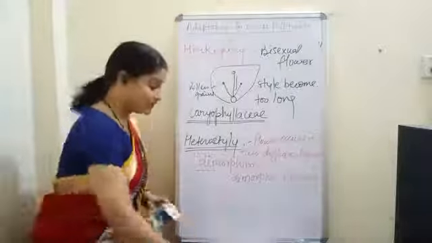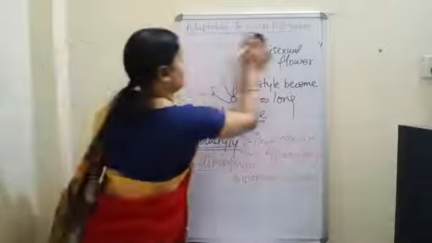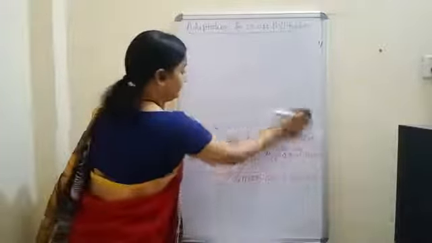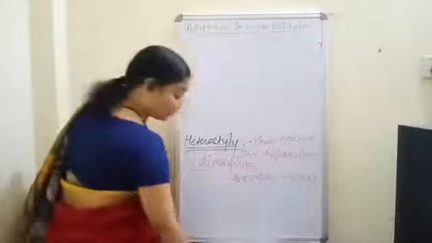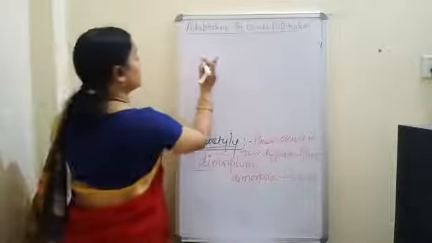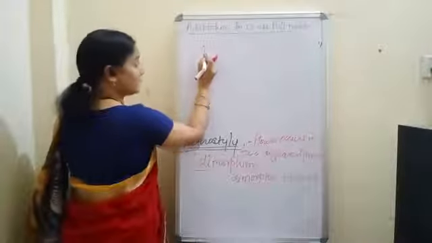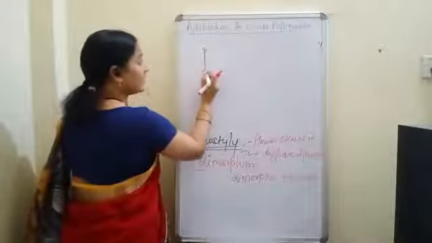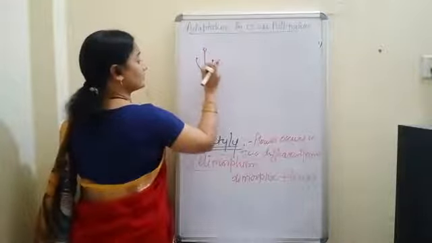See what happens in case of dimorphic flower. We have two different types of flower. Suppose this is the stigma, style and ovary, and these are the anthers.